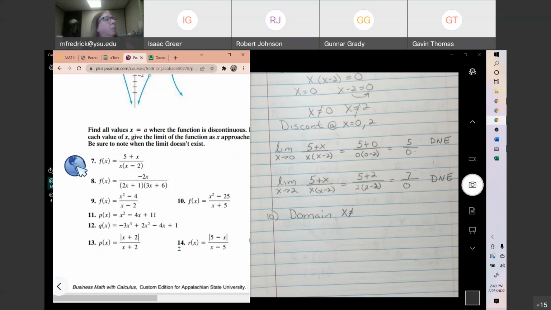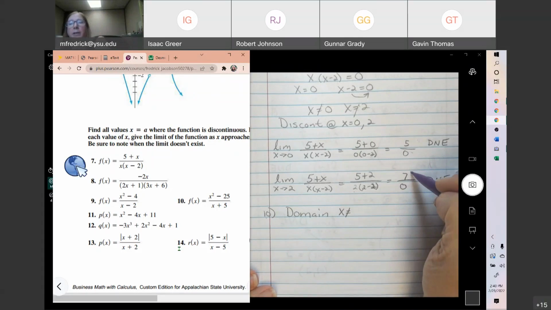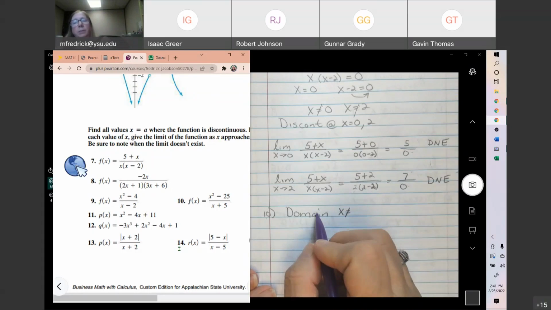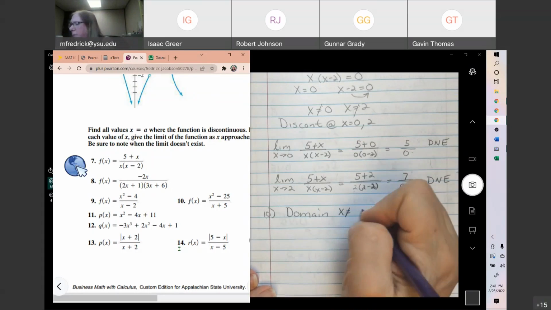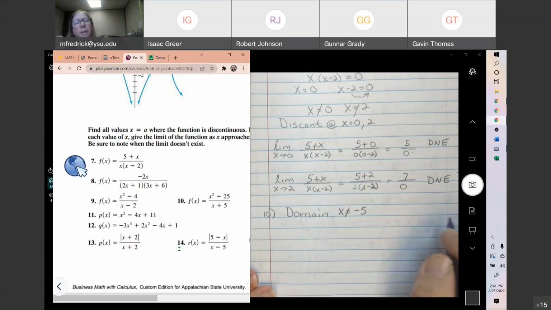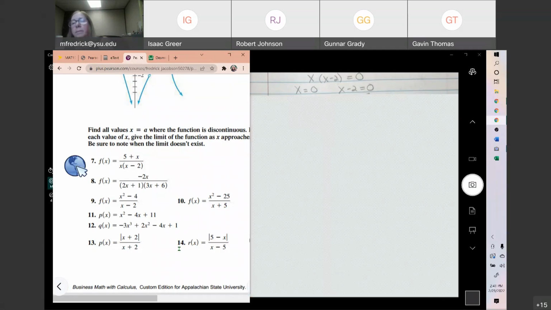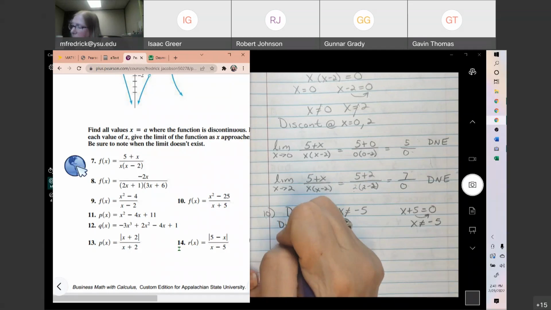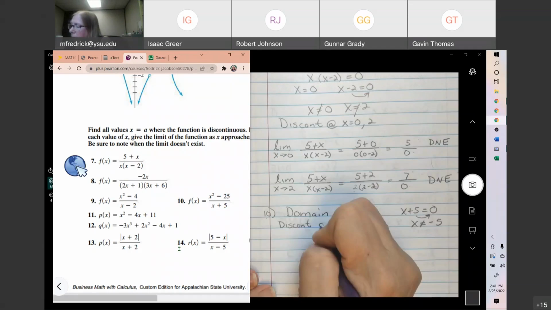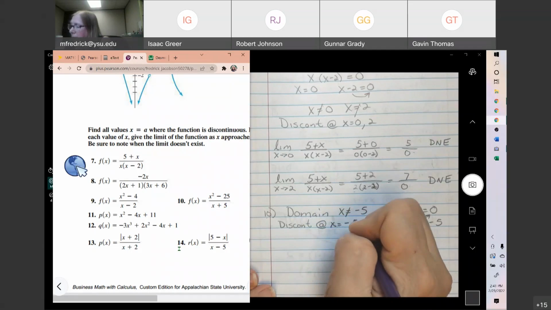First, your question, it does not exist because there's a number on top and a 0 on the bottom. Now for this one, and those who put in -5 are correct, because x plus 5 is the denominator, when we set it equal to 0, x cannot equal -5. That means it's discontinuous at x equals -5.